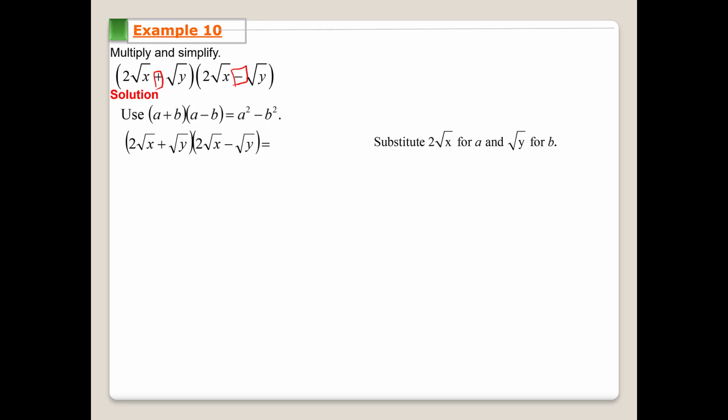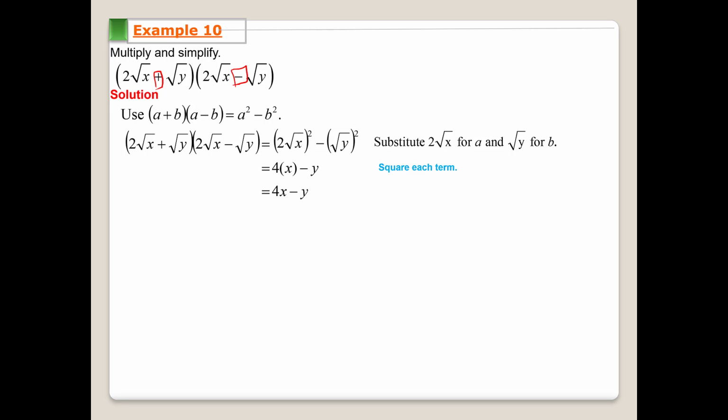So if we do that and substitute just as I had mentioned, and square each term, you get 2 squared times x minus y. And remove the parentheses because they're not needed, because there's nothing else you can do inside the parentheses for the x.